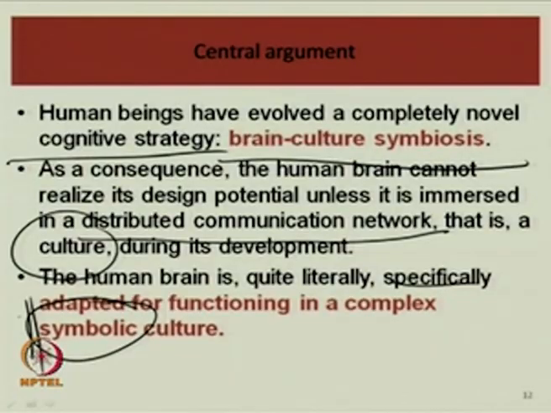So symbolic thought is immensely important, and again, symbols and signs and signifying practices, as we shall see over the next few lectures, are really the foundational topics in cultural studies. So let's read again. The human brain is quite literally, specifically adapted for functioning in a complex symbolic culture.